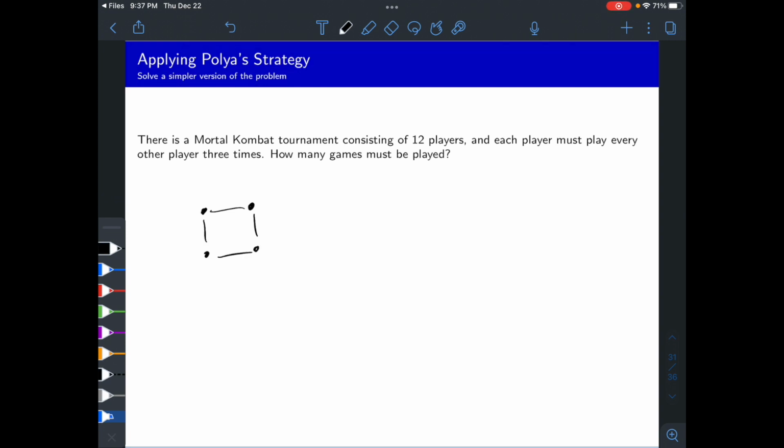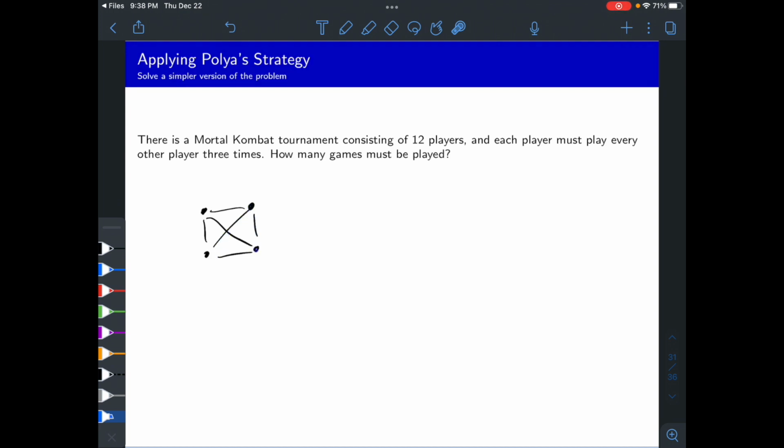If there are 4 players, I just draw a line between every pair of players. What do we see? Player 1 has 3 lines to be drawn. Player 2 has 2 more lines to be drawn.